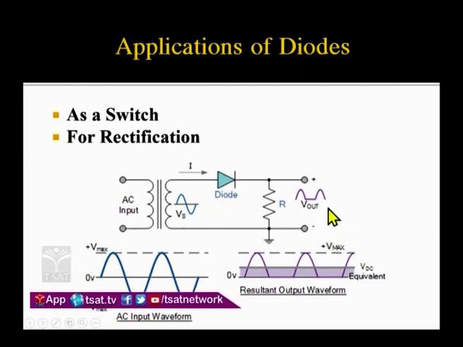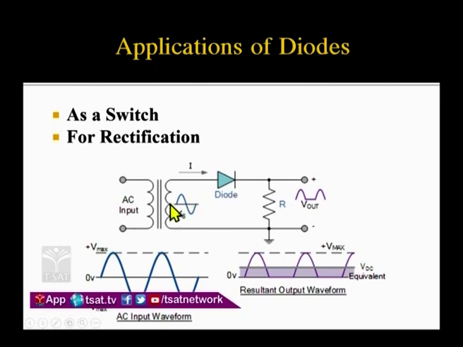The mobile phone uses only 5 volts. So you first need to convert this 220 volts of alternating current into 5 volts of alternating current. That is done by a step down transformer, and afterwards this 5 volts of alternating current, which has two directions, is applied to a diode.